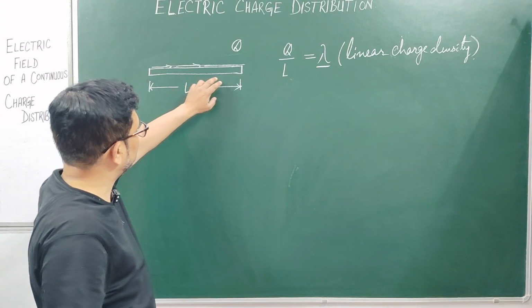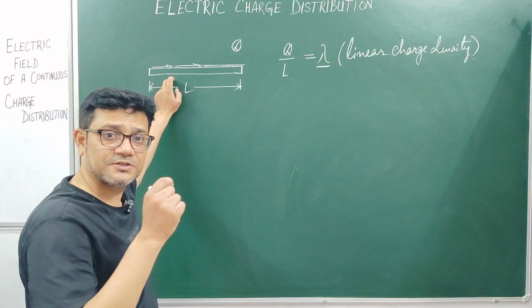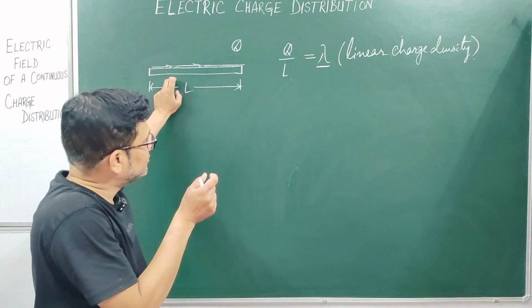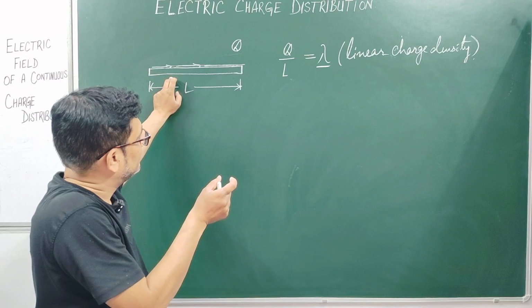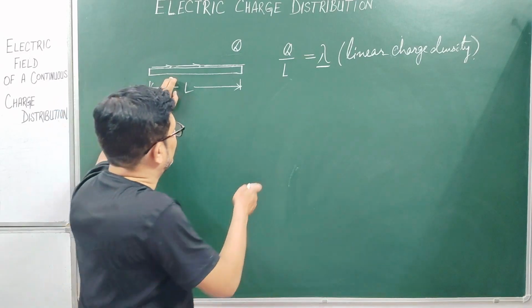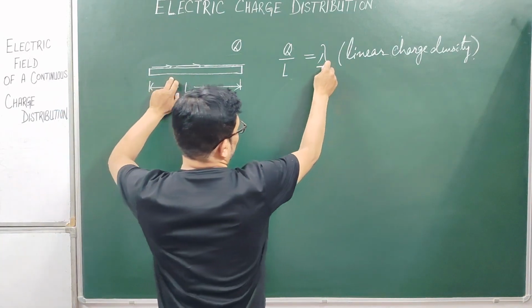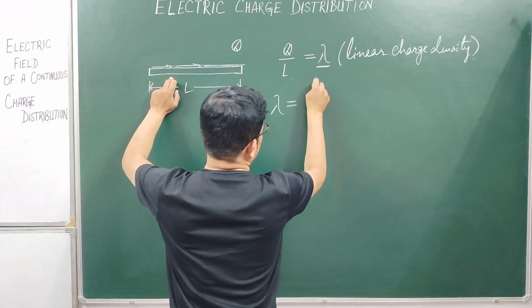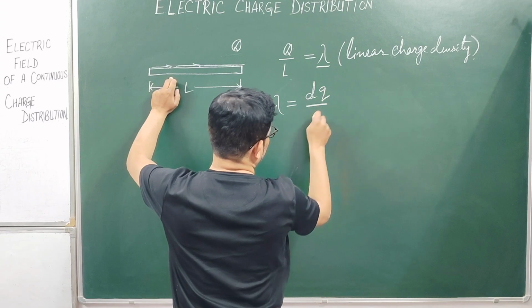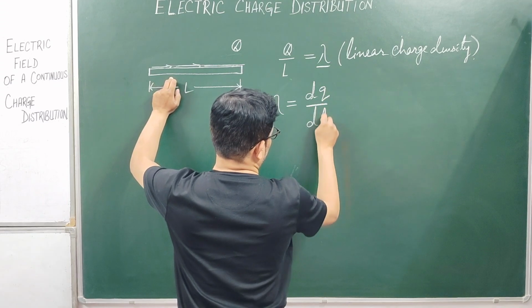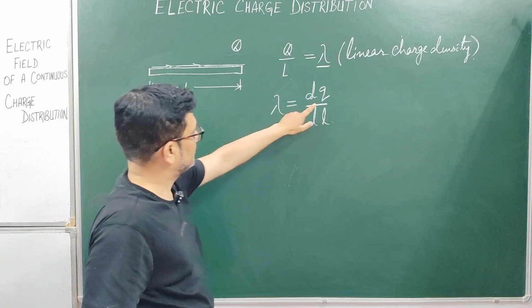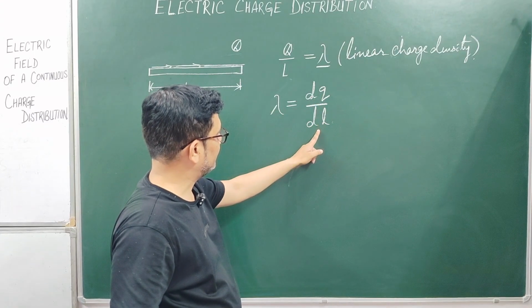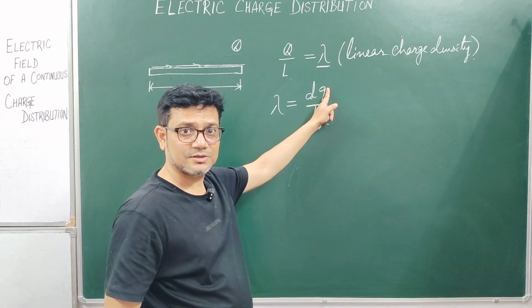Now if you break this up into a differential element, which only has a differential length, what could be the value of the linear charge density? It would be lambda, which could be written as dq, the elemental charge, over dl. So this was charge per unit length in terms of a differential element.